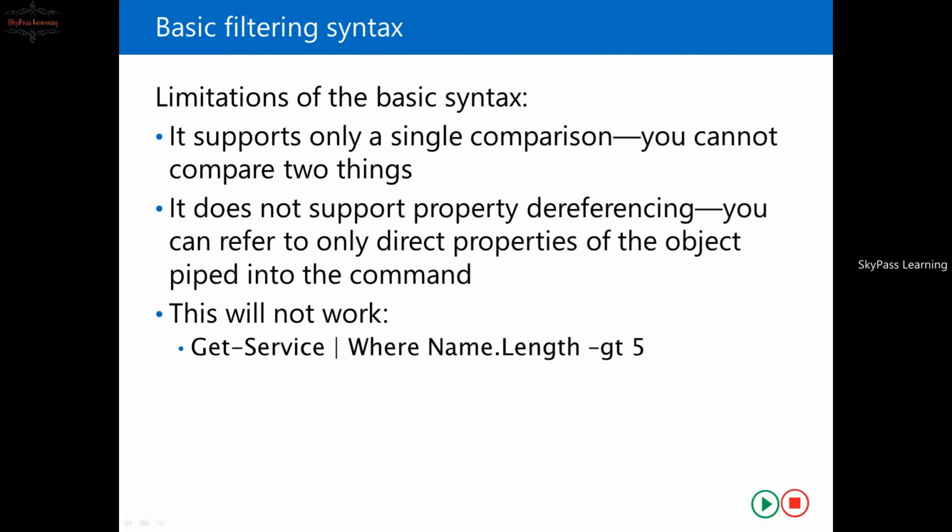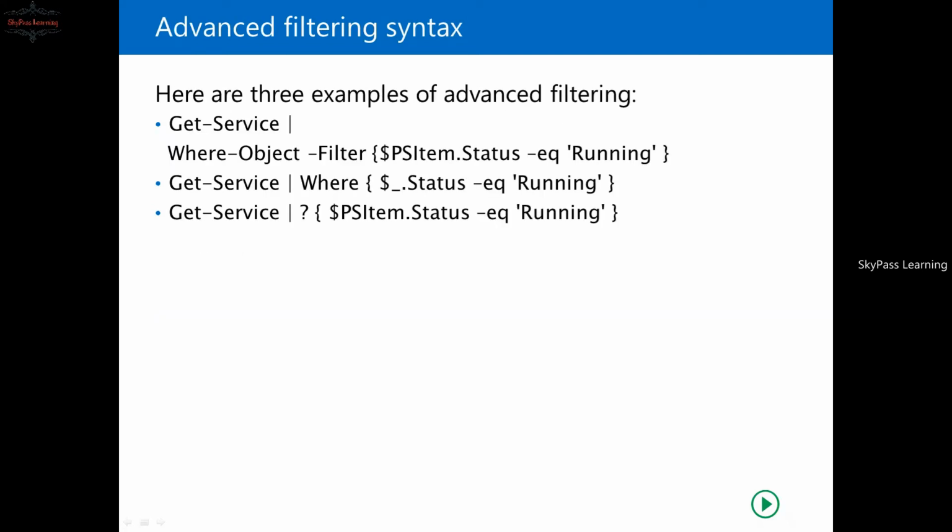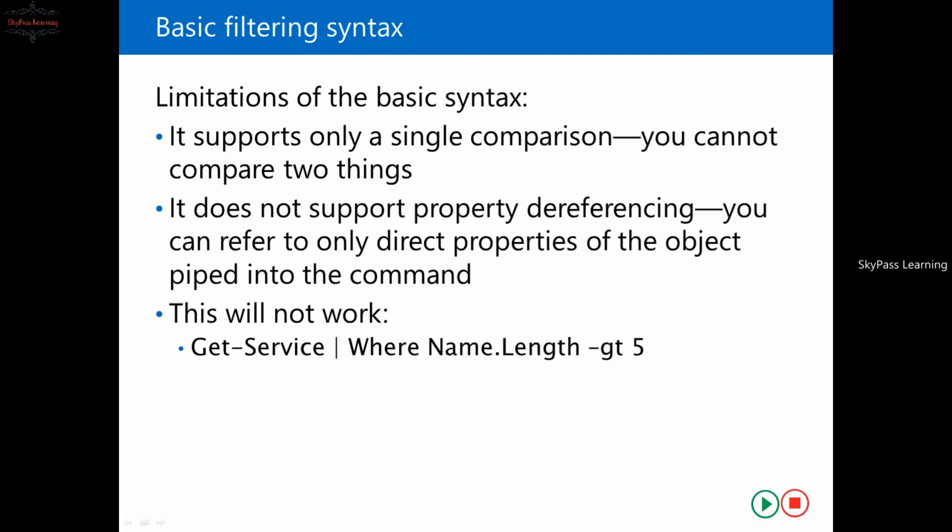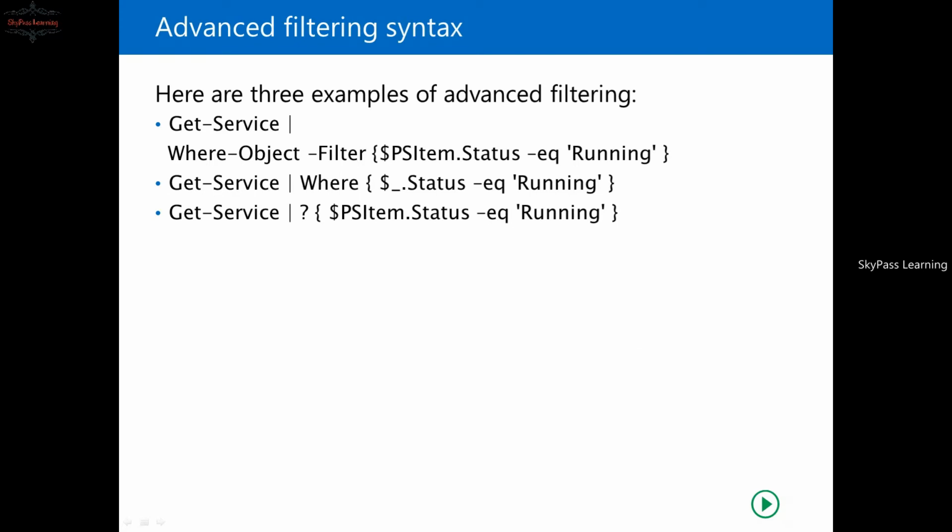Okay, so this is the structure of how we can write it. Where-Object, and then you can apply a filter in this way. It should not be written like this, it should be written like this. Get-Service when we have used the where, and dollar underscore is the default parameter that you can take.